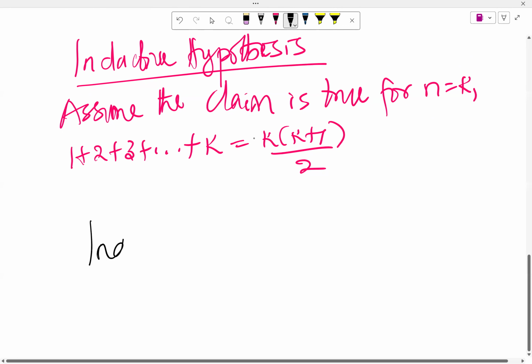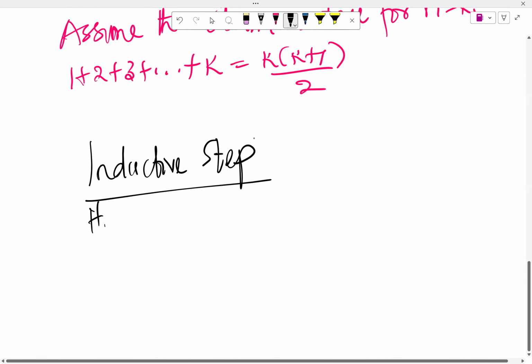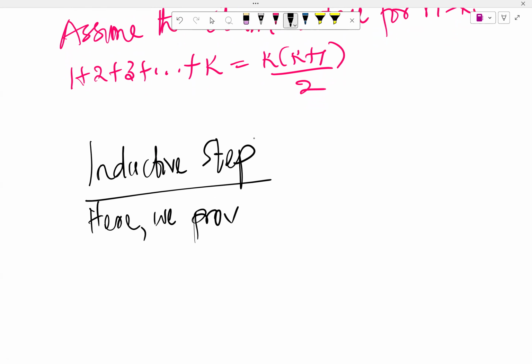So now we talk about the inductive step. What do you do at the inductive step? Here we prove the claim for n equals k plus 1.